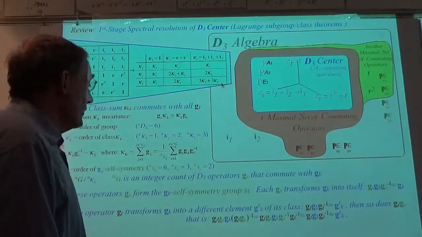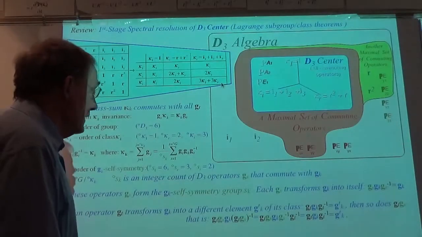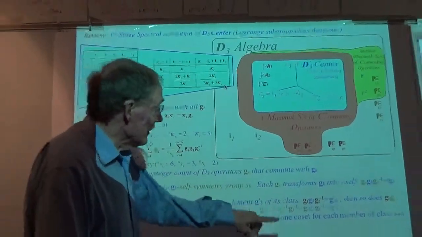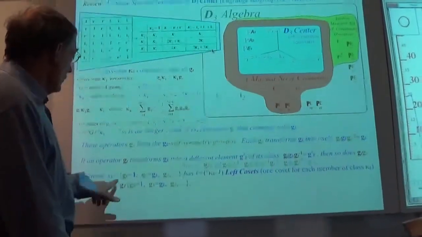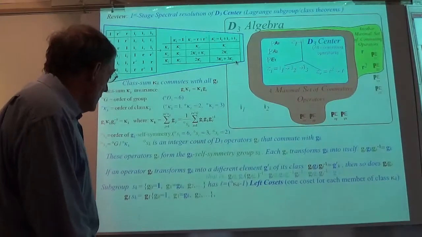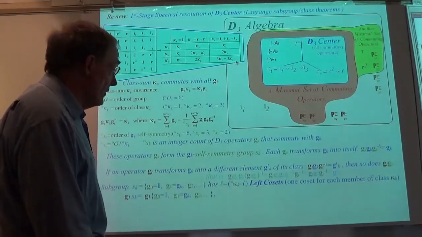And then if you haven't exhausted the class of GK yet, you might find another operator that does that as well. So there might be several operators that would transform you to some element in the class.